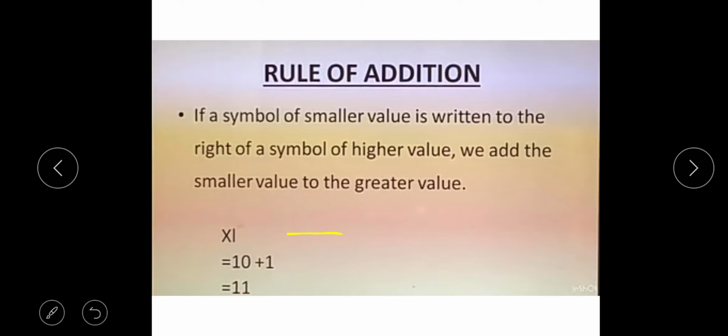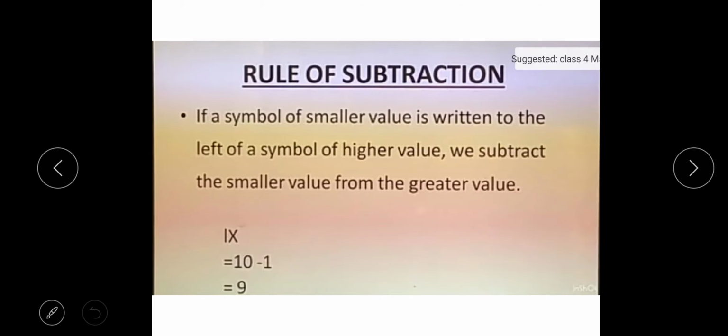Here see XI, where X means 10 and I means 1. I is smaller and X is higher, so I is at the right side of the higher value, and that time we add them. So we add 10 plus 1, what do we get? 11. Got it?